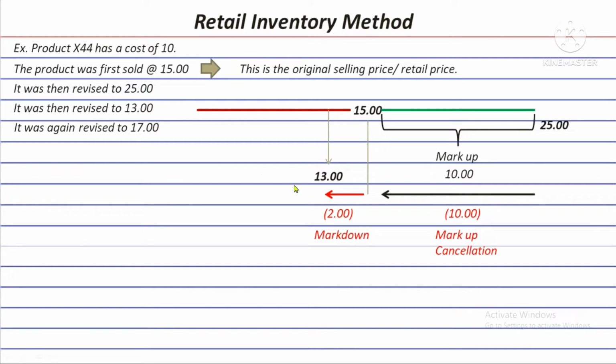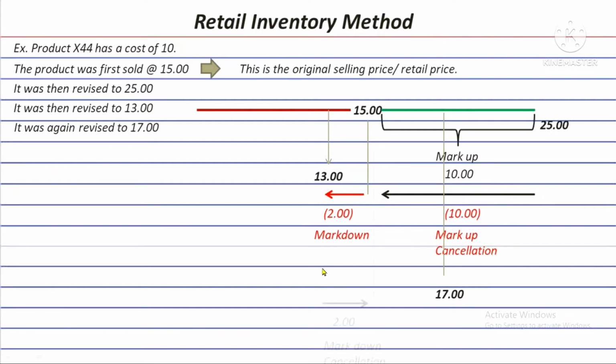Now, let's go back here. The last revision of price is 17. Now, there is an increase of 4. That's from 13 to 17. Now, again, that 4 cannot be considered markup immediately as a whole. We still need to cancel this markdown.